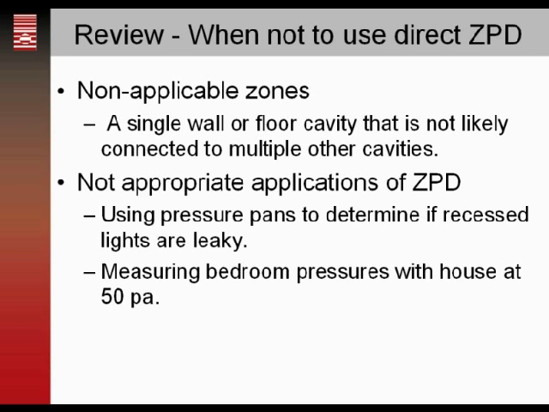You close the bedroom door. You measure the pressure under the door, and you wait for the house to stabilize at 50 pascals and take that reading. What that's telling you is the ratio of leakage between the house and that bedroom as compared to the bedroom to the outside. It's not telling you anything about the size of the hole from that bedroom to the outside. It's just telling you about that leakage ratio.